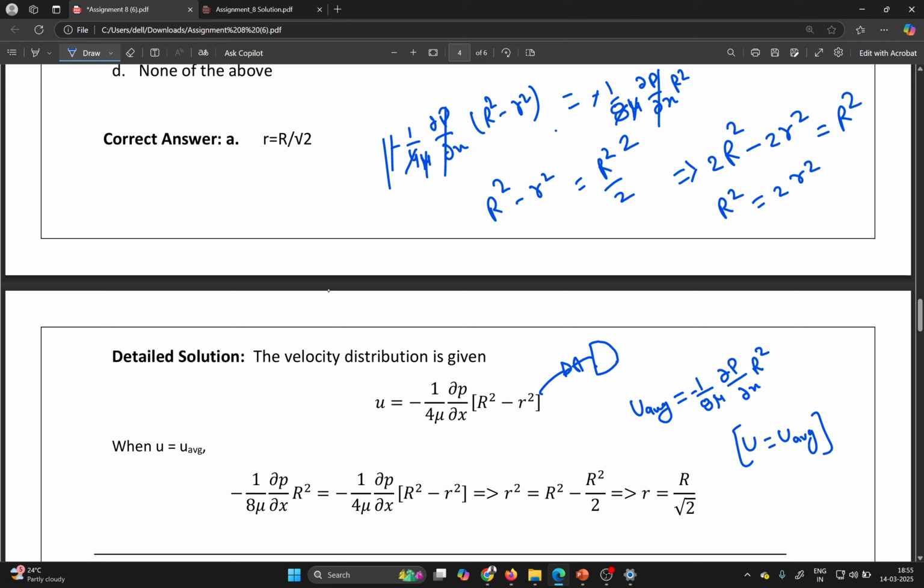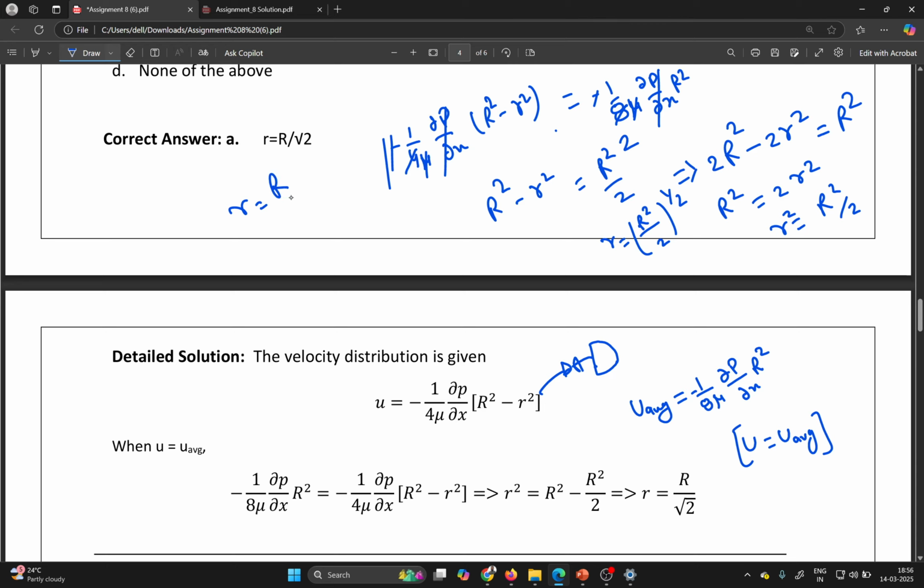So here you need to calculate the relation between small r and capital R. So small r is equal to R by 2 to the power 1 by 2, and power 1 by 2 means root.